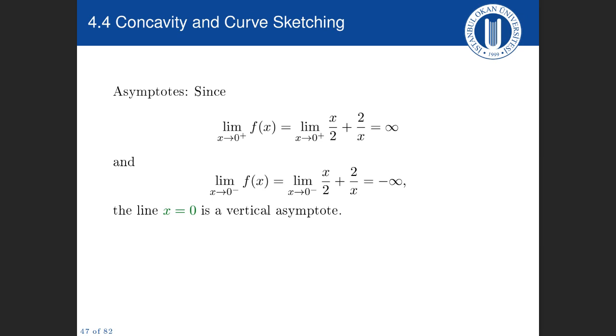Let's look at the asymptotes of the graph. If we take the one-sided limits at 0, we get either infinity or minus infinity. So that tells us that the line x equal to 0 is a vertical asymptote.